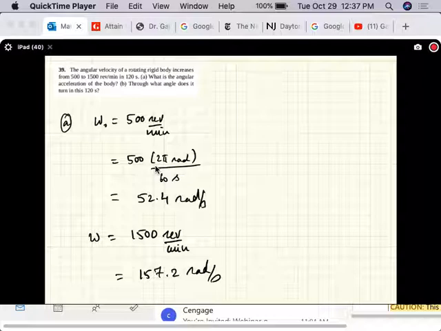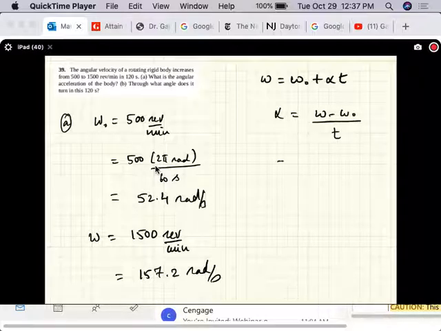All right. So we'll use this formula to find the angular acceleration, since in this formula we know the final angular velocity, initial angular velocity, and time. So alpha is the only unknown. Alpha is omega minus omega naught divided by t, equal to 157.2 minus 52.4 divided by 120 seconds.